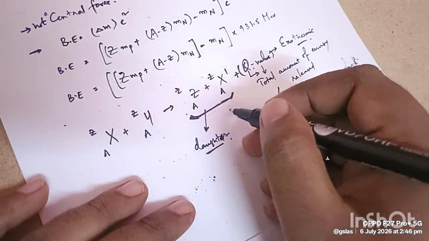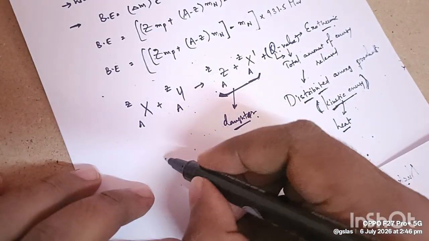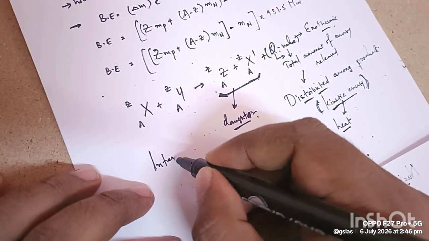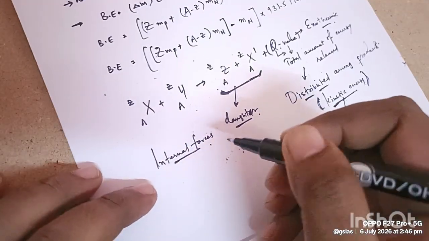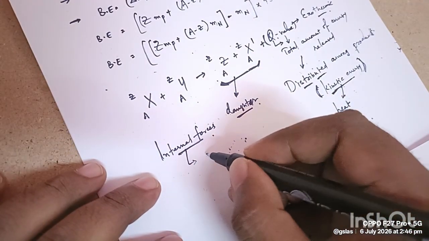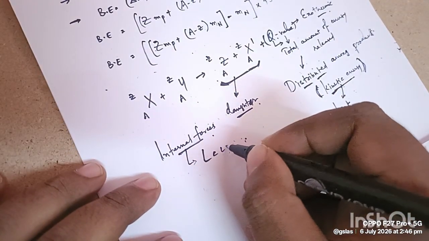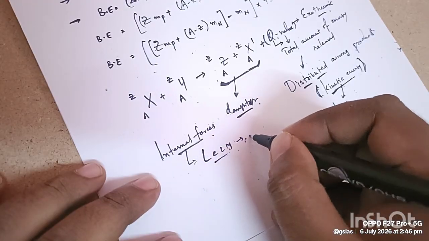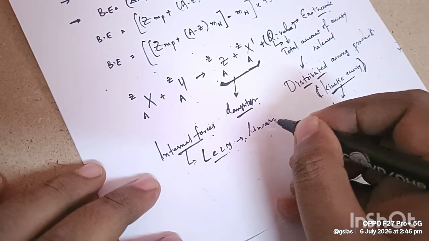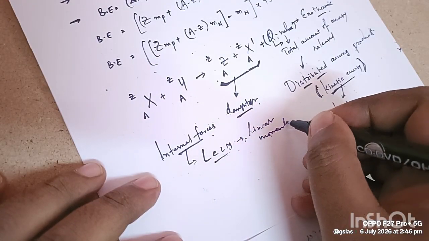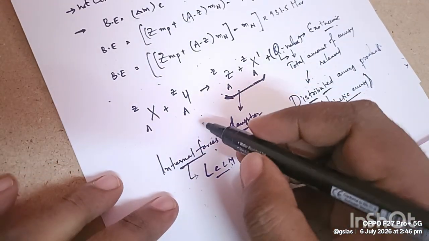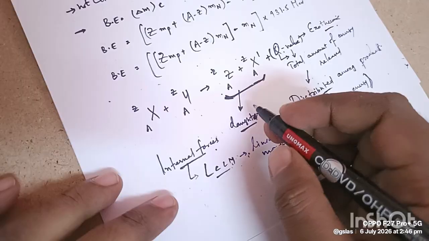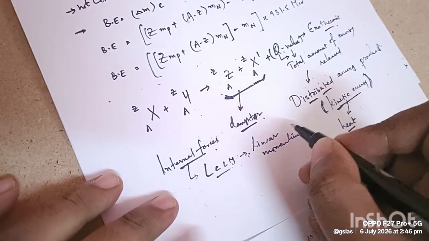Since there are no external forces, only internal forces are present, we can apply LCLM, law of conservation of linear momentum. We can apply this to any reaction because all reactions are internal electromagnetic interactions or nuclear interactions.